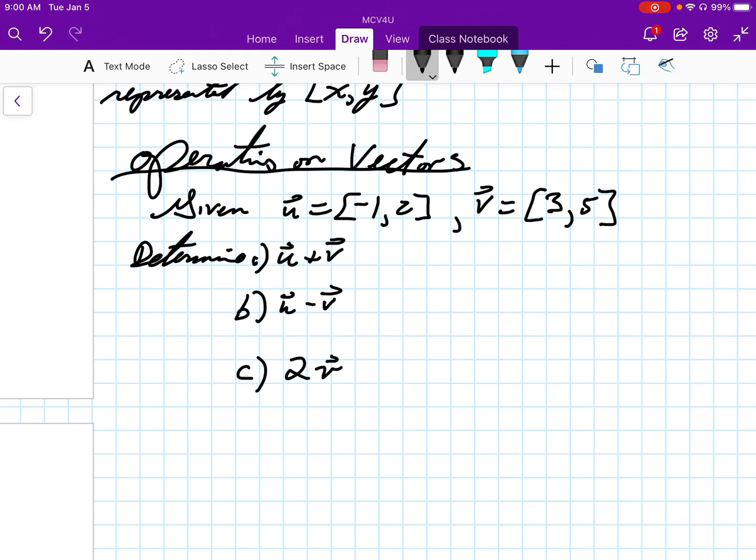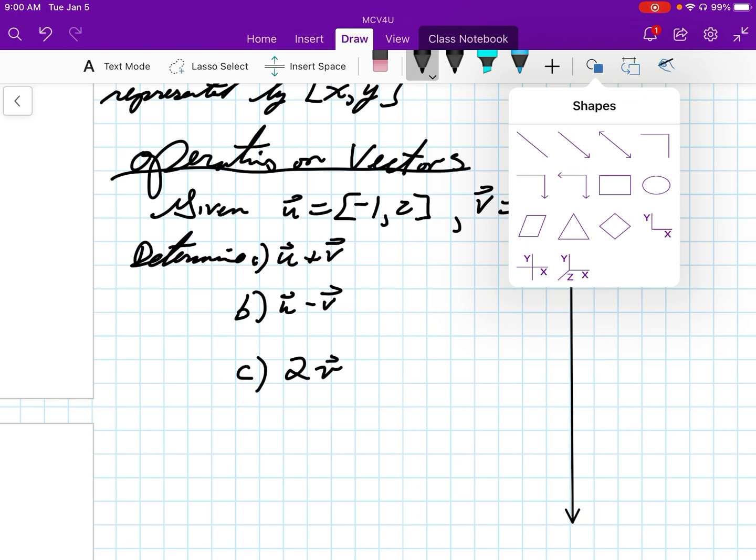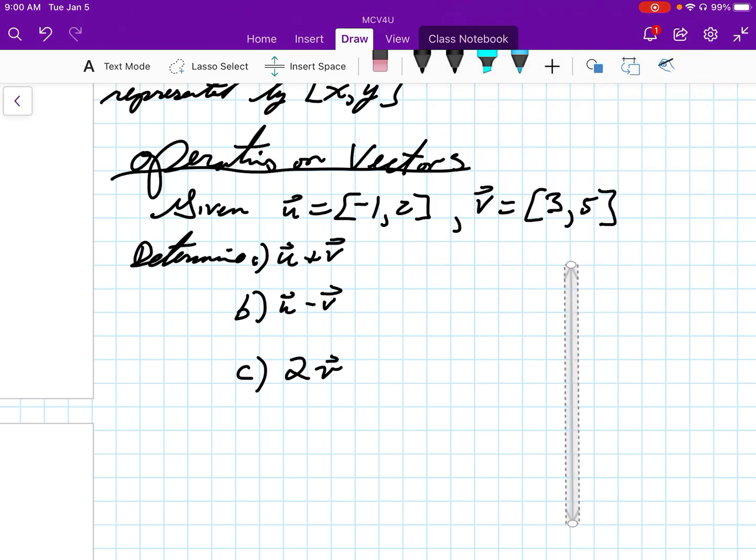Okay, so again, I'll just see if I can set up a grid here. All right, so we've got our grid. Let's take a look at the first point. We've got u plus v. Well, u is (-1, 2), so (-1, 2) is this vector right there.